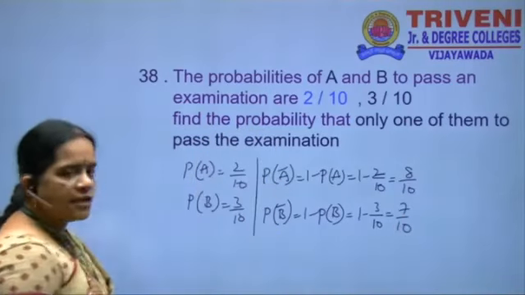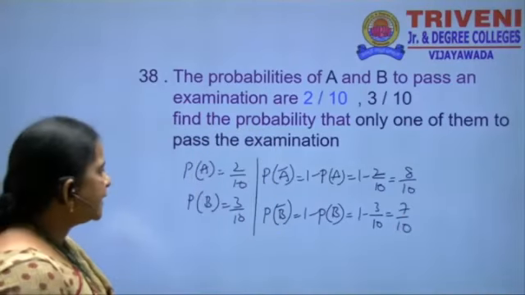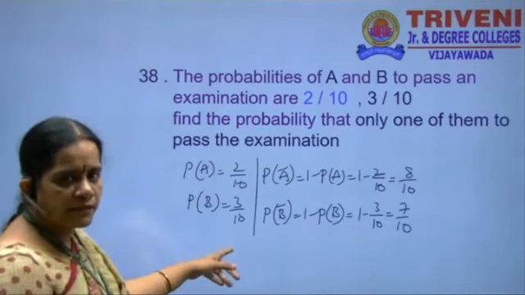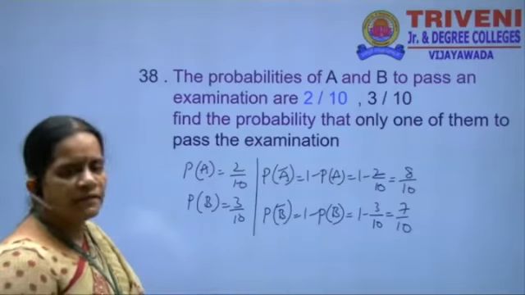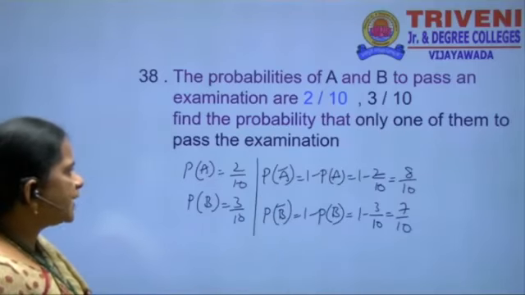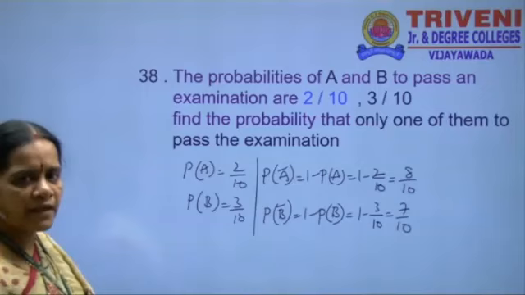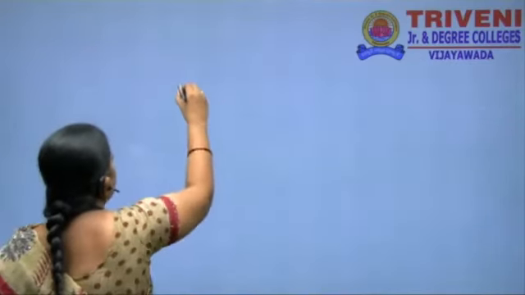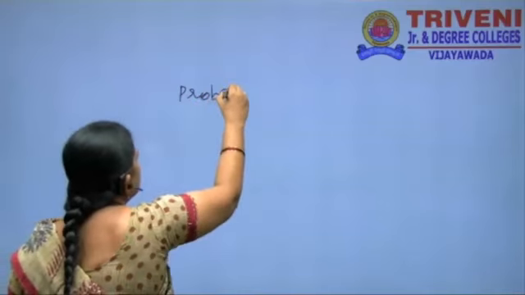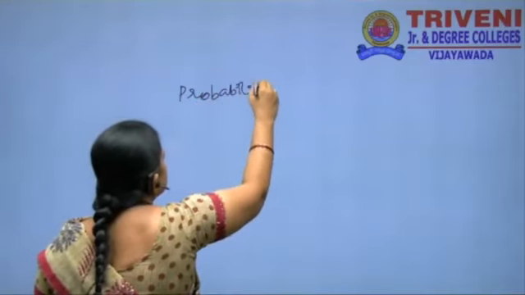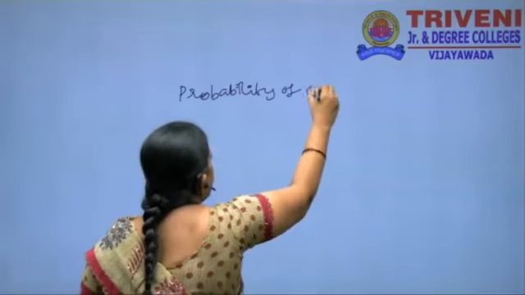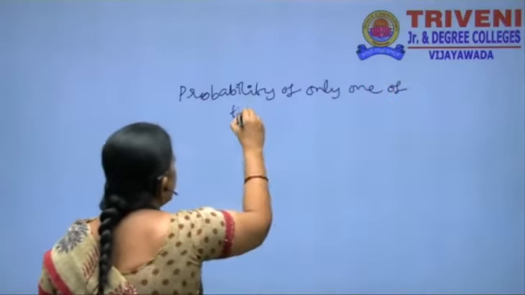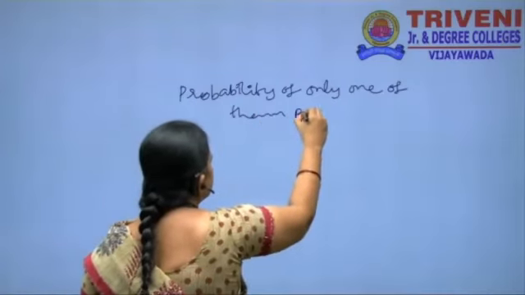So P of A is 2 by 10, P of A bar is 8 by 10, P of B is 3 by 10, P of B bar is 7 by 10. What is the probability that only one of them passes the examination?